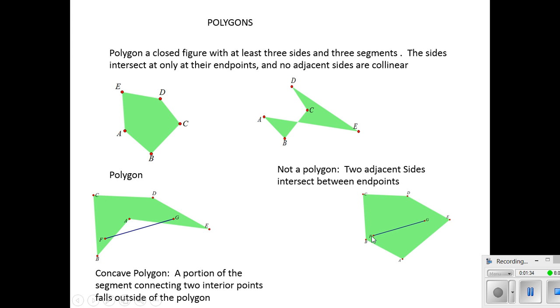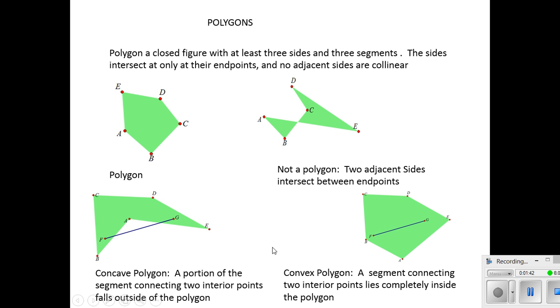Here, any 2 points inside the polygon, when connected with a segment, that segment will lie inside the polygon, so that's a convex polygon. So we have polygons, non-polygons, concave polygons, and convex polygons.